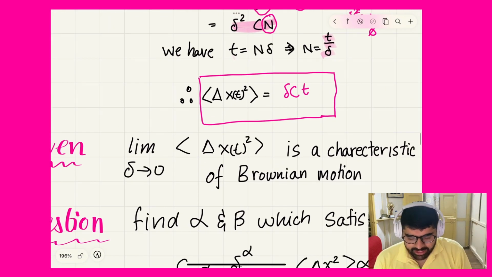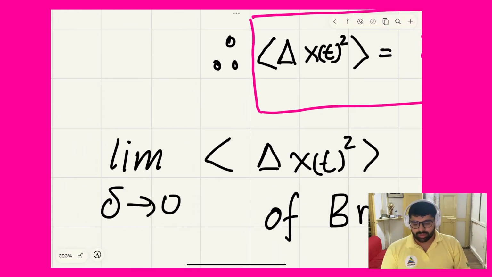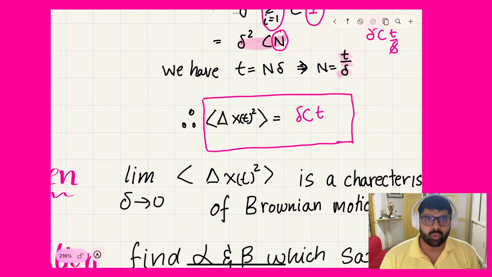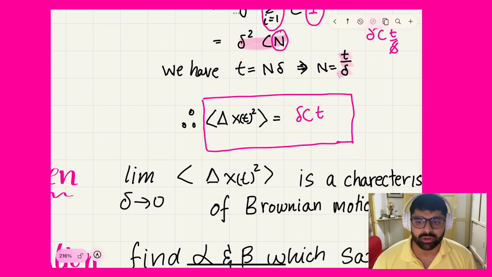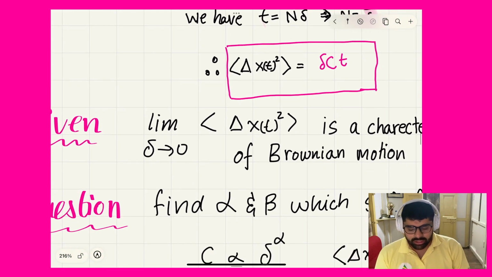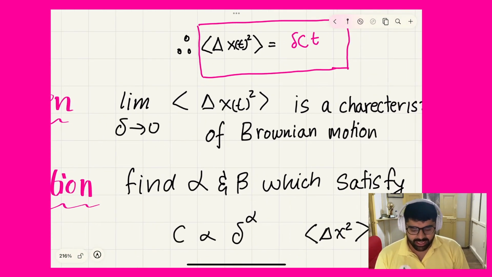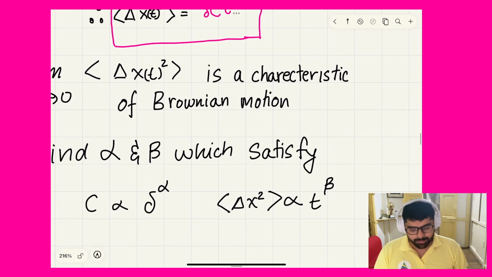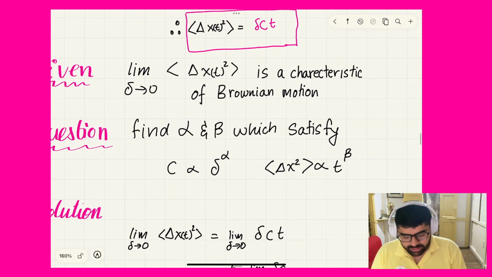This conceptually is a little bit difficult, but let's think about it. We are given that the limit as delta goes to 0 of the mean square displacement is a characteristic of Brownian motion, which means this limit exists and it should not equal 0. So we're given that this limit is equal to some number other than 0, and we have to find alpha and beta which satisfy c is proportional to delta raised to the power alpha, and the mean square displacement is proportional to t raised to the power beta.